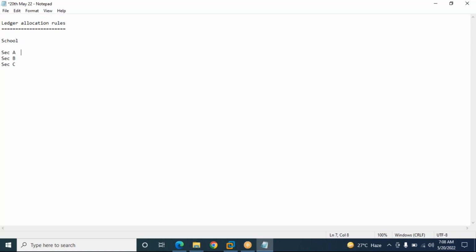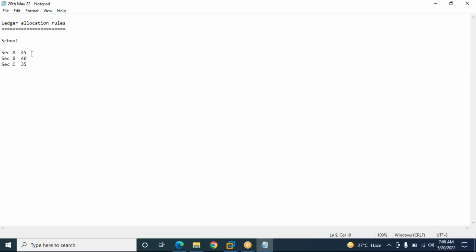Section A has 45 students, section B has 40 students, and section C has 35 students.